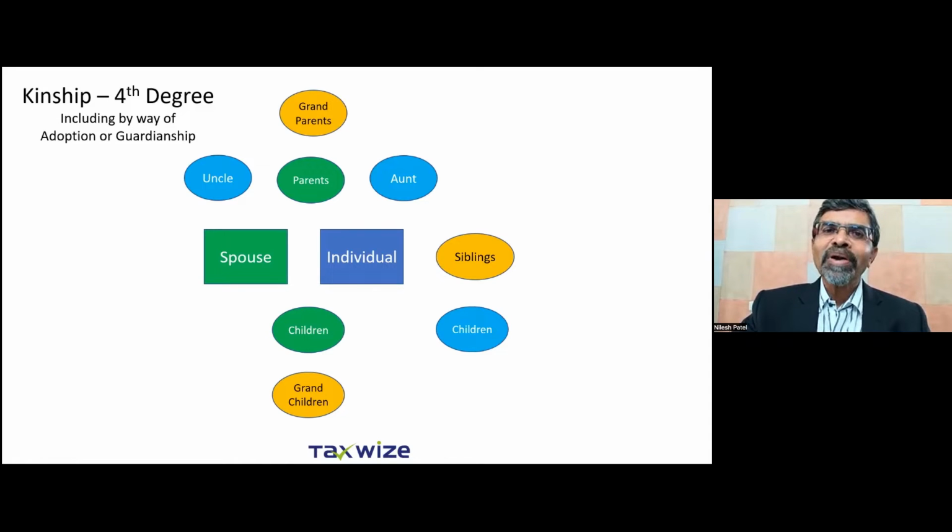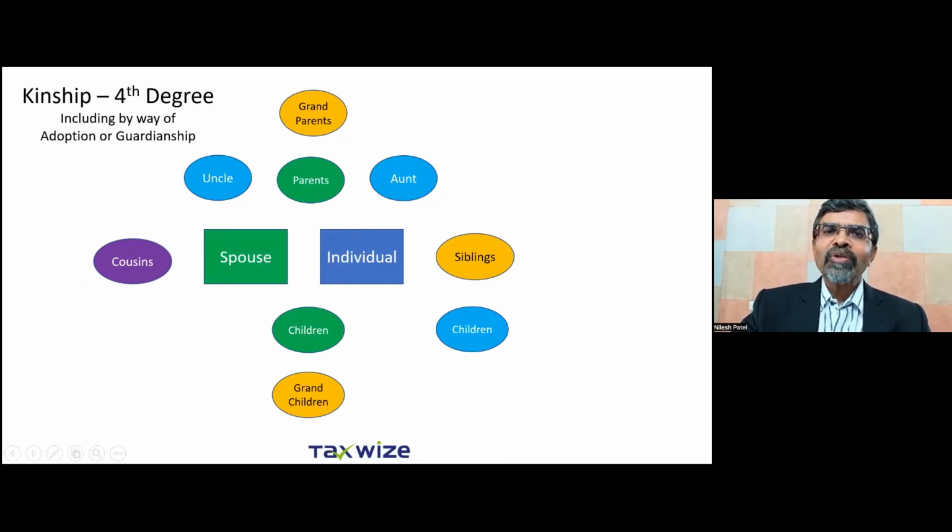This is the third degree of kinship. Then in the fourth degree of kinship come cousins. All kinds of cousins: cousins who are children of uncles and aunts. Cousins are the fourth degree of kinship.